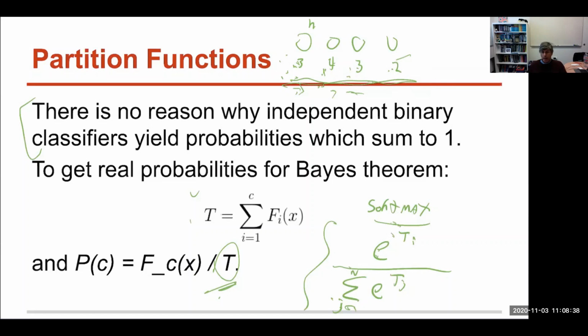This is typically done in neural networks and learning, because this is a thing that can be differentiated easily. But either way, note that your class outputs, even though they look like probabilities, don't equally partition the space. You've got to normalize it in one way or another. Okay, any questions about multi-class classification?